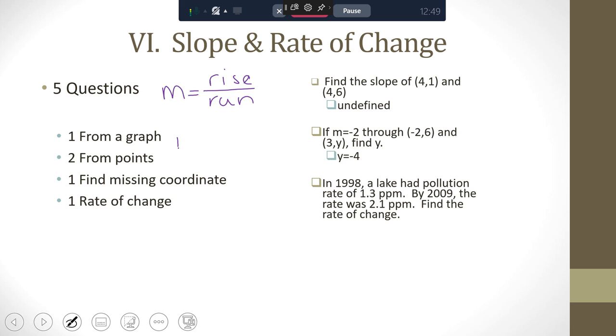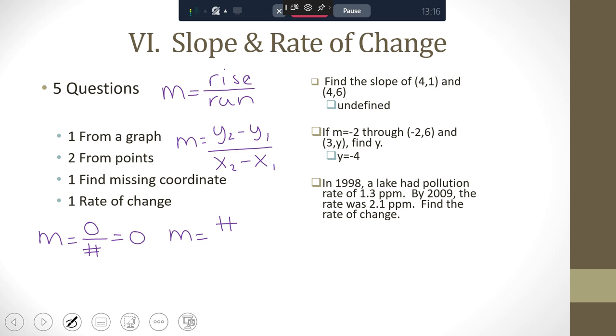And then m from points is y2 minus y1 over x2 minus x1, used for points, missing coordinates, and rate of change. So also if our m equals 0 over a number, then the slope is 0. If our m equals a number over 0, then it is undefined.